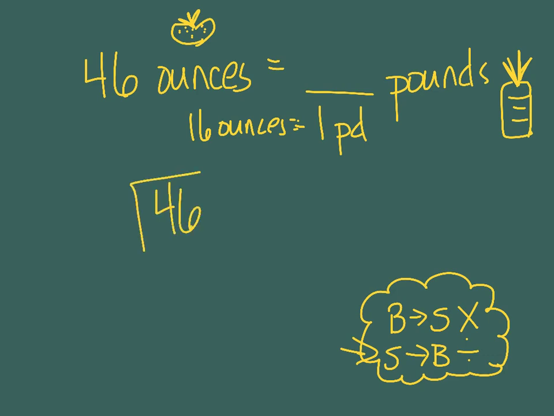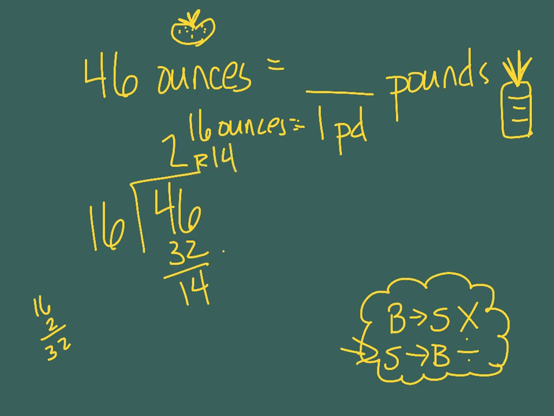So now I'm thinking about dividing 46 by 16. If I do my thinking off to the side, I would think, 16 times 2 gets me 32. So 16 goes into 46 2 times. Subtract and get 14. That's less than my divisor, so I know that's right.